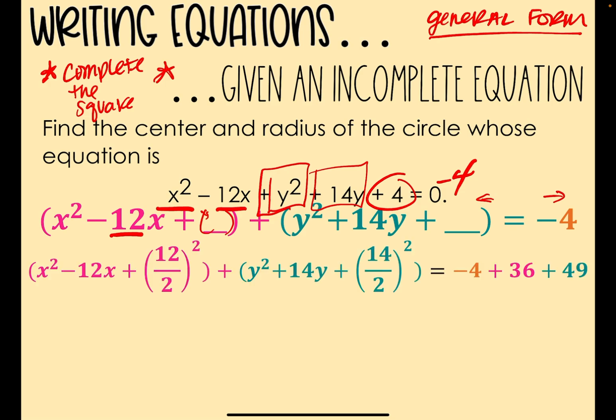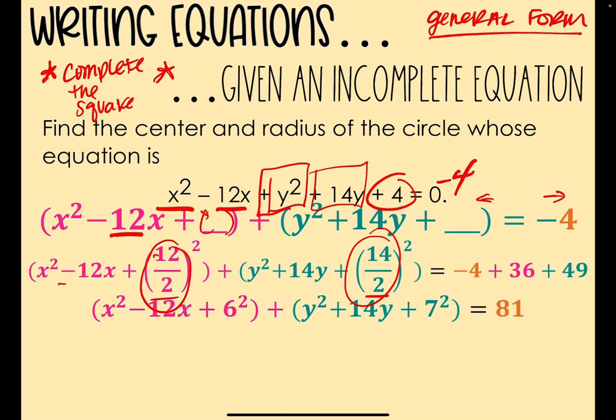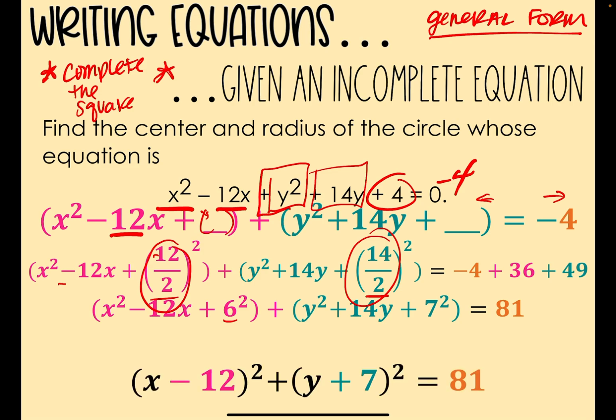And when I go ahead and group them, check it out. I can go ahead and simplify it using this number that I am squaring. So x minus, well, -12 over 2 is -6. So it's going to become x minus 6 squared right here. And this becomes, oops, I should say a 6.